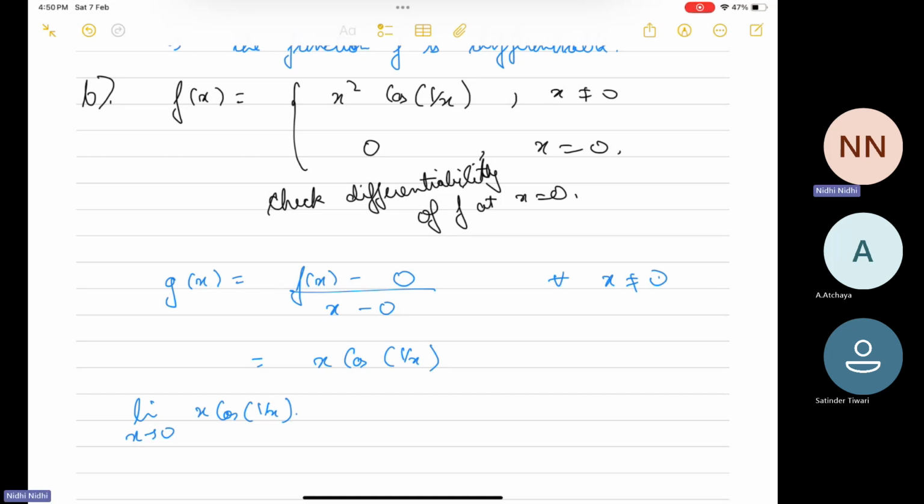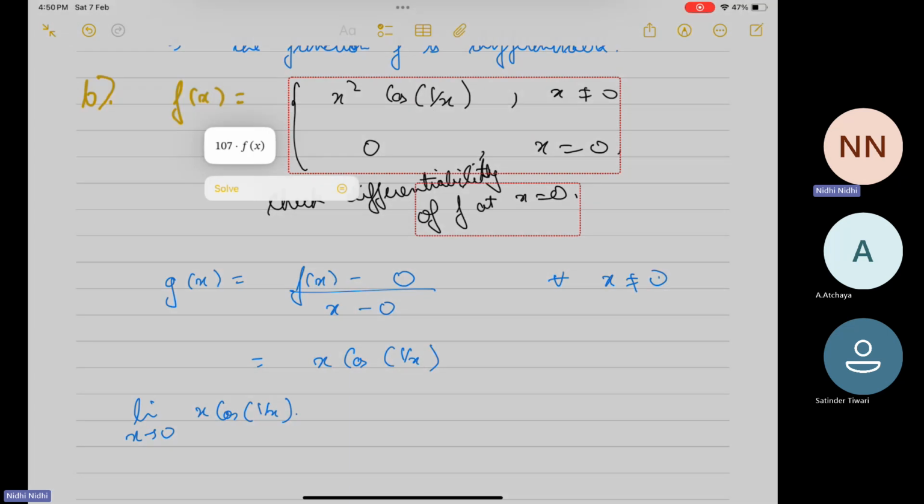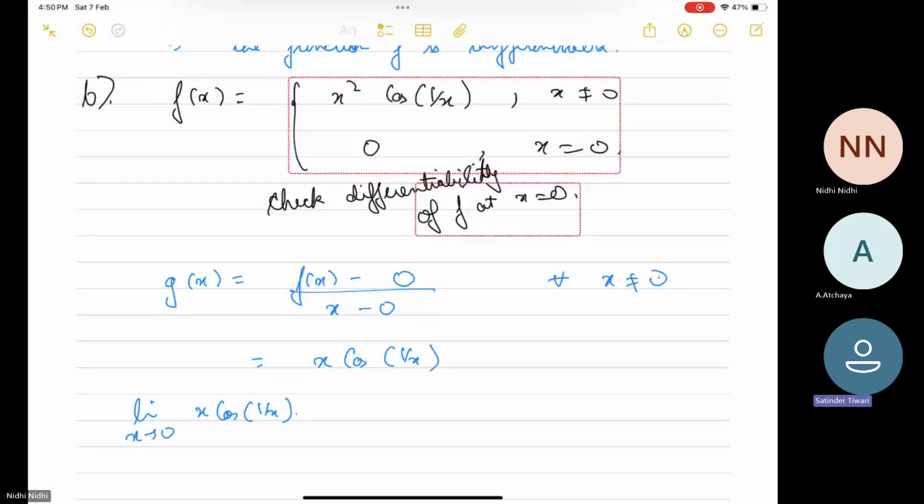So can you tell me what will be limit x tending to 0 of x cos 1 by x? 0. Yes. How do we prove that? Cos 1 by x can take values from -1 to 1. So when x tends to 0, its value must be in between -1 and 1, and it is multiplied by x, which is tending to 0, so we get 0.